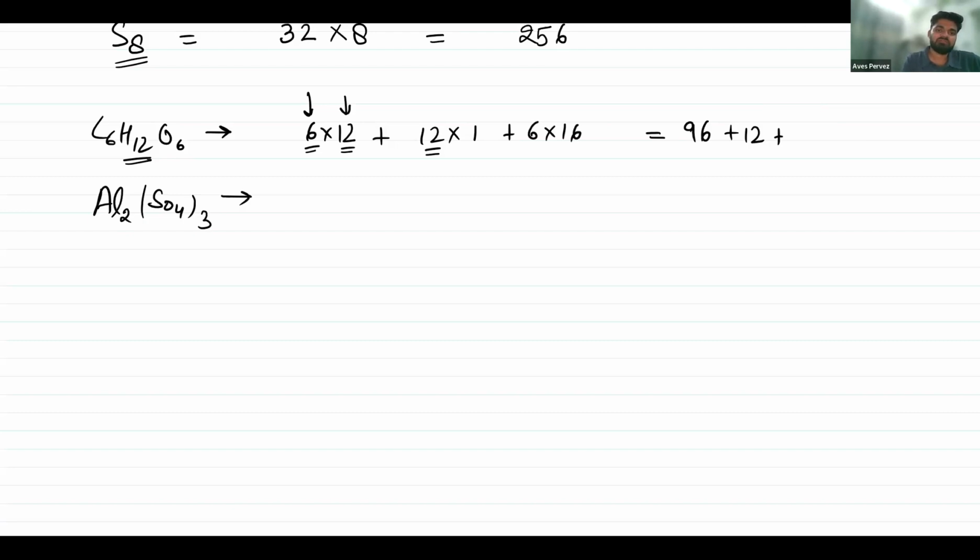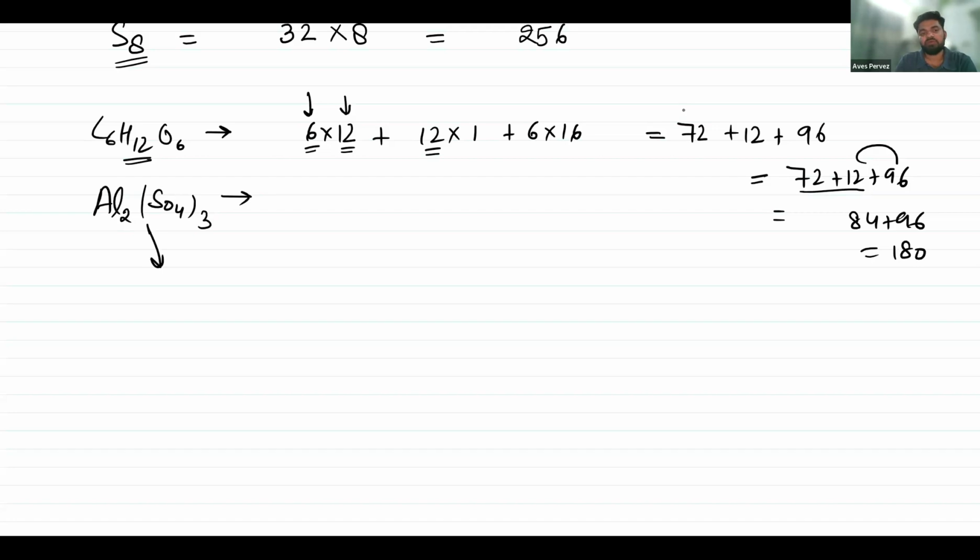Because there are 12 hydrogen atoms, and one hydrogen atom has mass 1. 6 into 16 is 96. Then 72 plus 12 is 84, and 84 plus 96 gives 180.